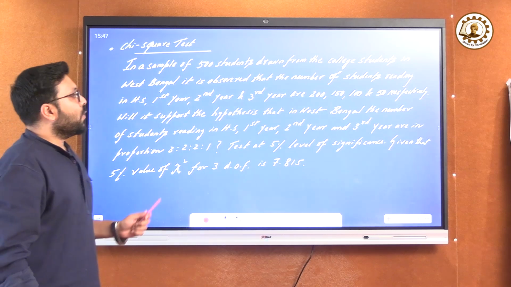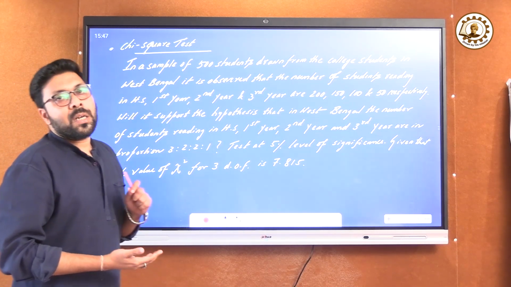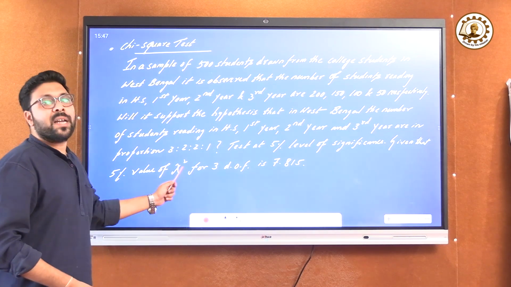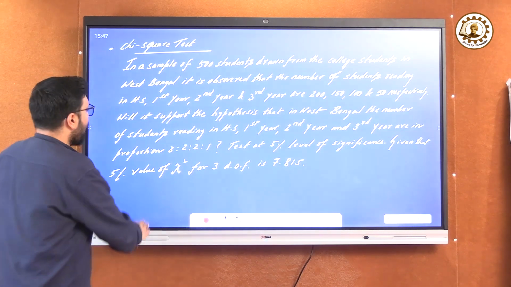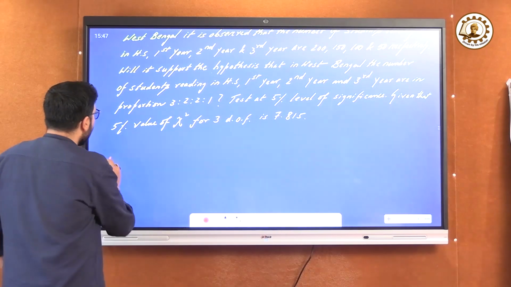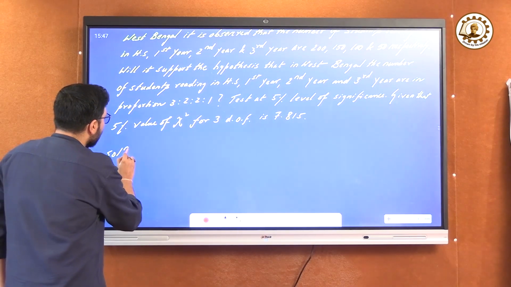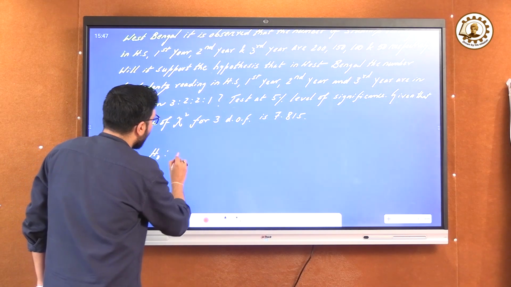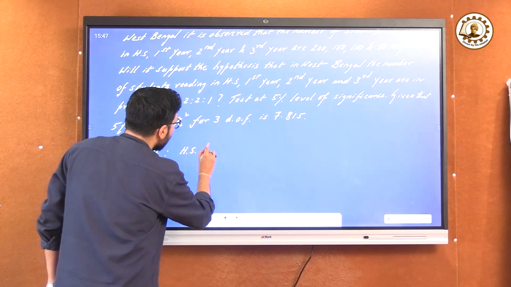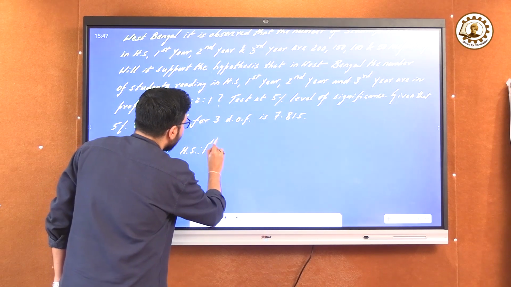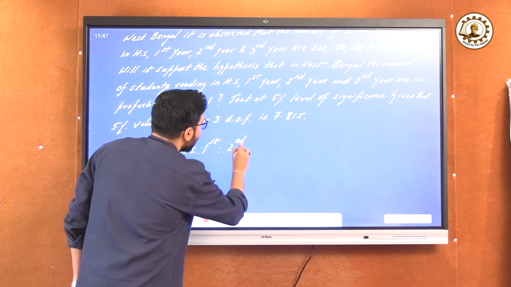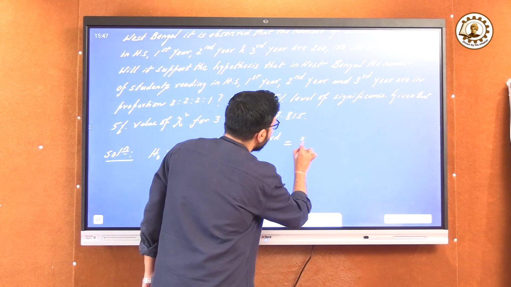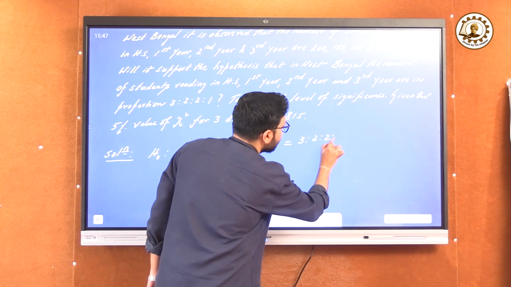So here we need to frame the null hypothesis and the alternative hypothesis based on the last line of the question. So see, how do we frame it? First I am writing the null hypothesis. So what is the expectation here? The expectation is H0 for HS first year, second year and third year students must be in the ratio 3:2:2:1.